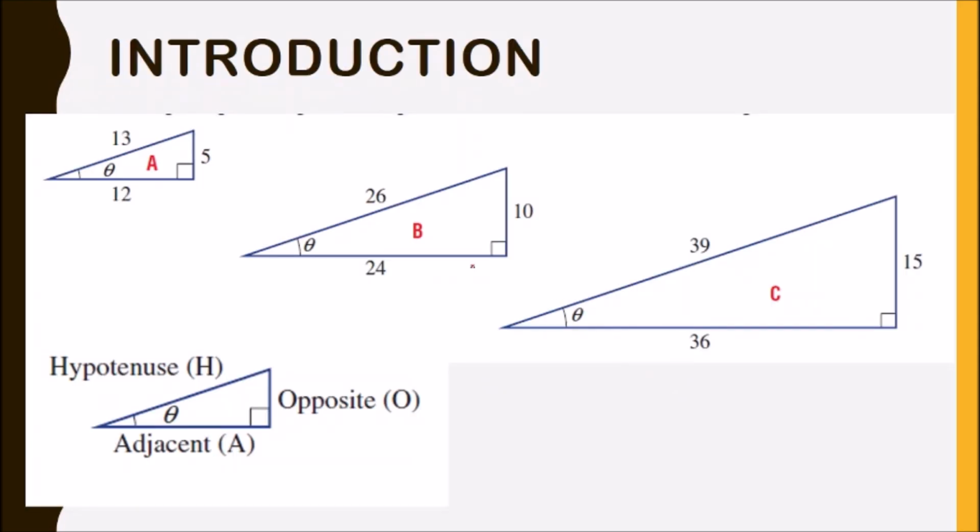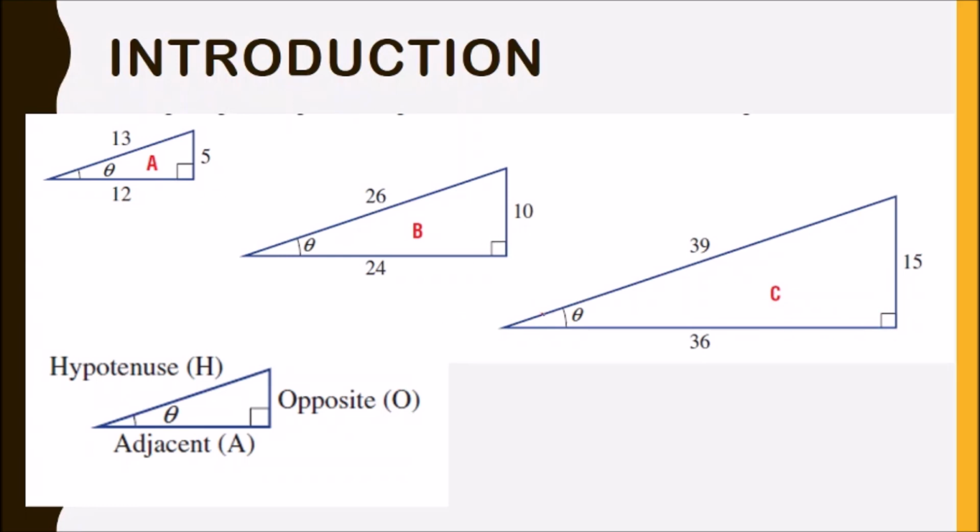So here we've got three triangles at the top, A, B, and C, and this is essentially showing you that all triangles are relatable. If we were given triangle A, you can see that the angle is given by the theta symbol and the right angle symbol.